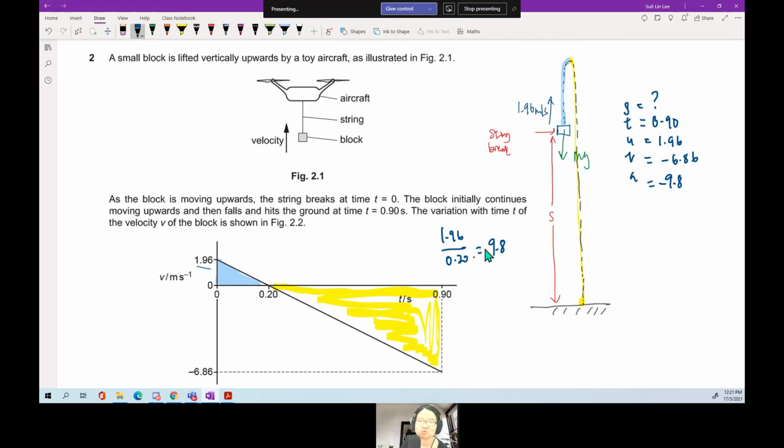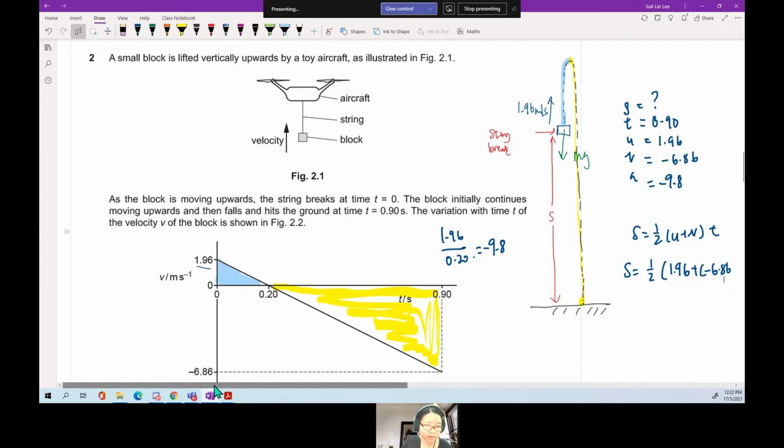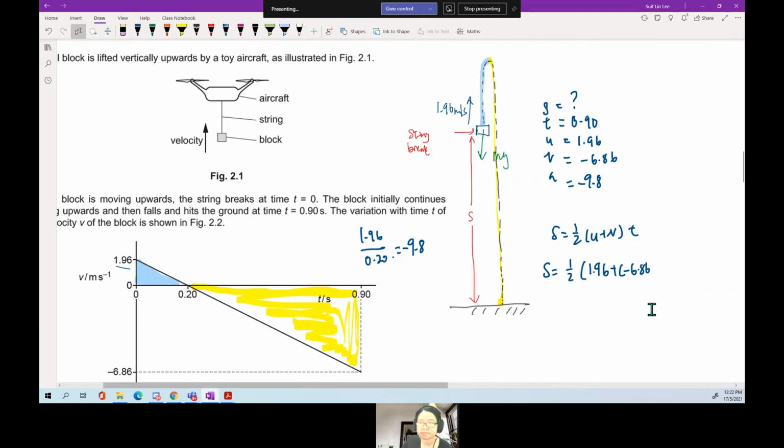Let's assume that you don't want to find the acceleration. So you can use S is half U plus V times T. So half of U, 1.96, plus negative 6.86, multiplied by 0.9.